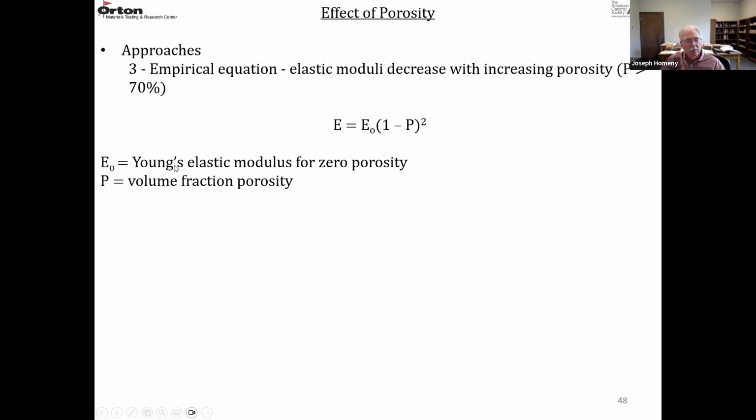So E0 again is the elastic modulus for zero porosity, and P is the volume fraction of porosity. So E equals E0 times (1 minus P) squared. So you can greatly change the Young's elastic modulus by changing the porosity level. And that's really important for controlling thermal shock behavior.